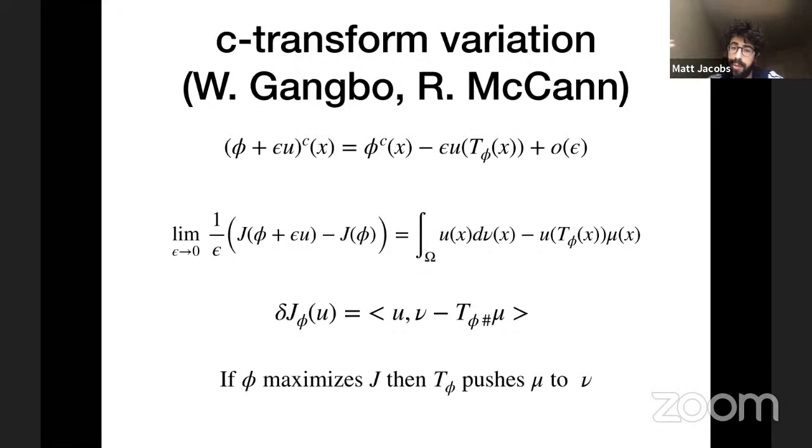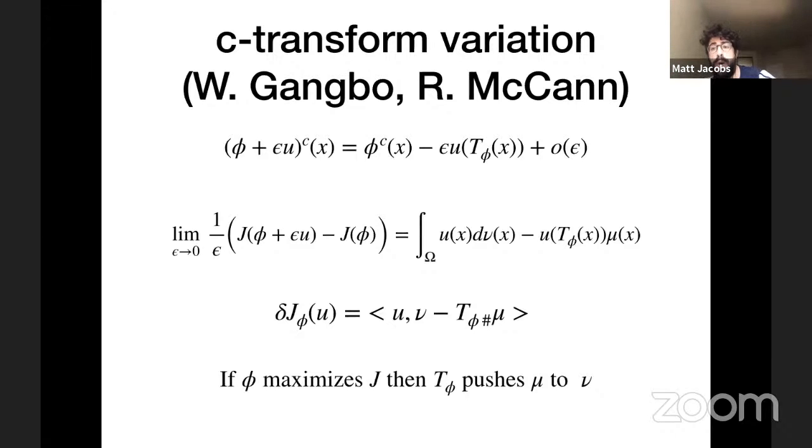Okay, so ultimately I can write this as the integration of U against this measure nu minus the push forward of this measure mu. And again, we know how to compute this push forward map as long as we have two C conjugate potentials.